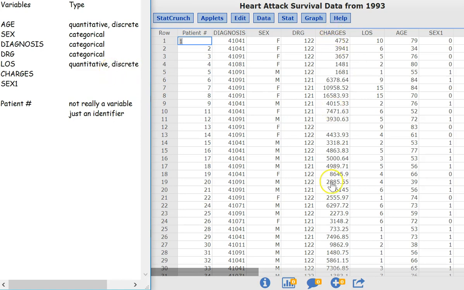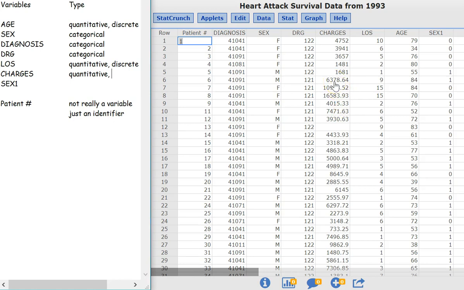Okay, then we have charges, which is how much the patient was charged for their hospital stay. This is definitely a quantitative variable. Now for this one, this is also actually a discrete value because the furthest that we're going to measure this is down to the penny.